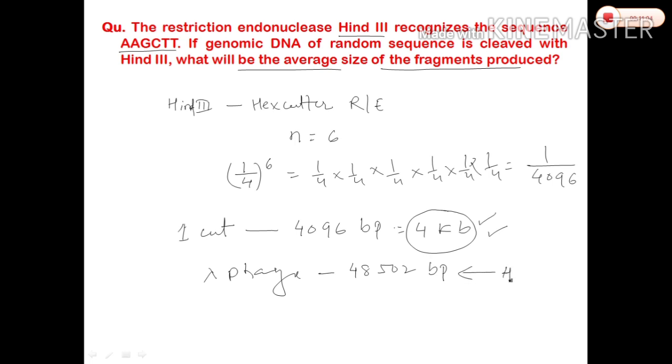If you cut this genome by HindIII restriction enzyme, ideally or theoretically you will get DNA fragments of 4 kb in length, but practically you will get DNA having lengths ranging from 125 base pairs to 23,000 base pairs. So this value is the approximate, very ideal value, right? So this is the frequency of the restriction enzyme cut.